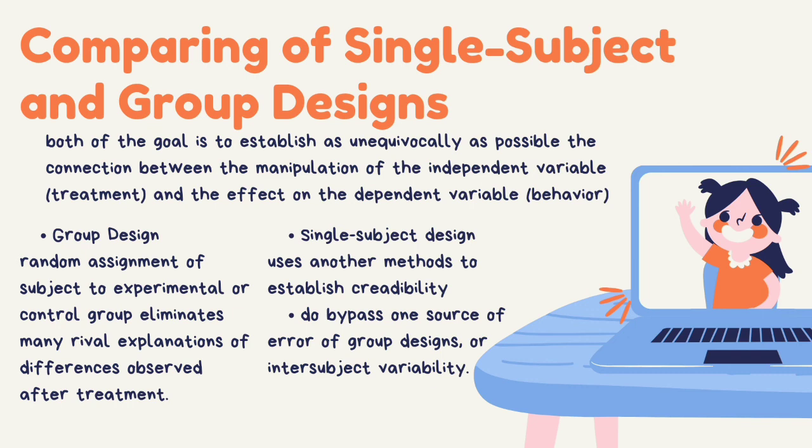First, group design uses random assignment of subjects to experimental or control groups, which eliminates many rival explanations of differences observed after the treatment, while single-subject design uses another method to establish credibility. Single-subject design bypasses one source of error of group designs, called inter-subject variability.